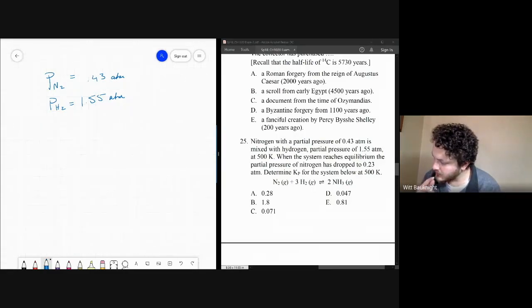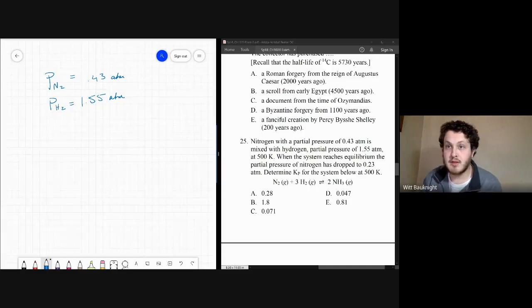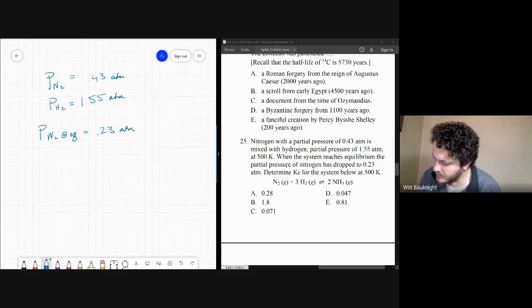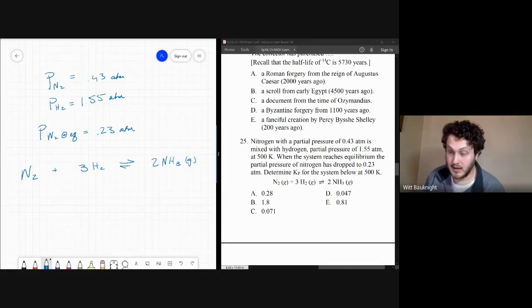When the system reaches equilibrium, the partial pressure of nitrogen has dropped to 0.23. So we're saying that the partial pressure of N2 at equilibrium equals 0.23 atm. And this, with the chemical equation, will give us enough information to figure out Kp. 2NH3. And all these are gases, so all of them affect Kp.